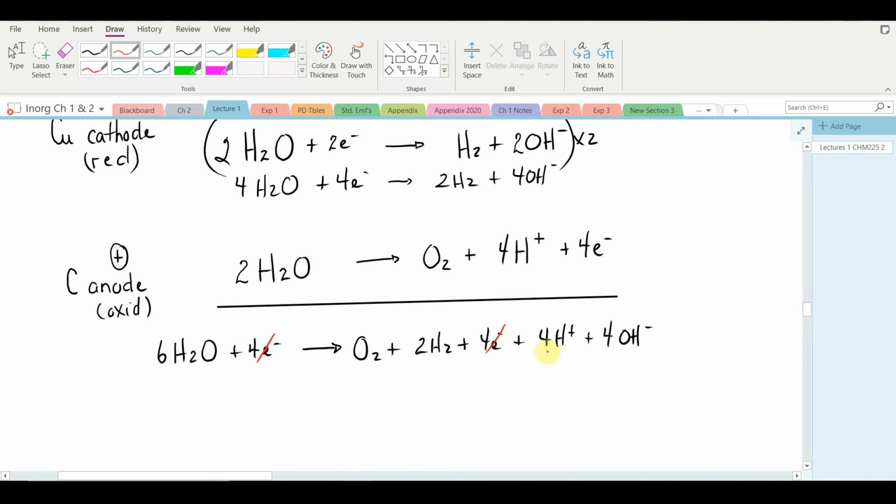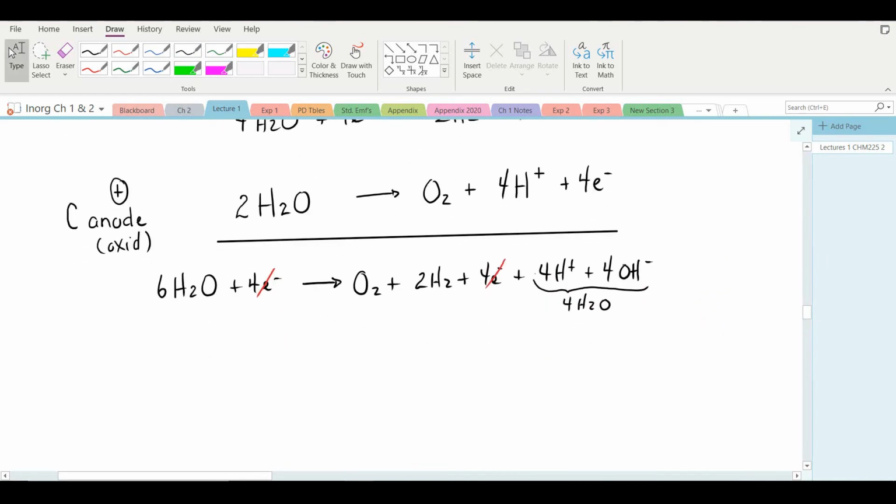It's interesting here because in the gap between the two electrodes, hydrogen ion meets hydroxide ion, and they will instantly combine to form water molecules. So actually what we produce in this reaction is 4H2O on the right-hand side. We can cancel like terms from both sides.